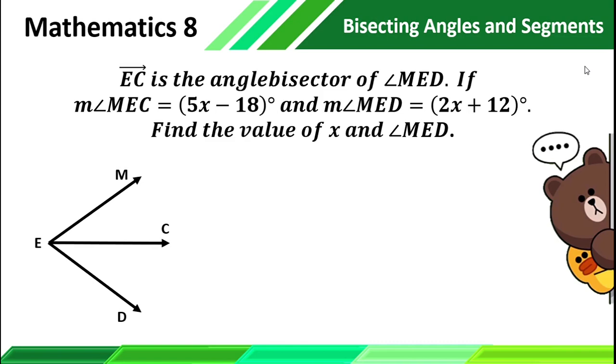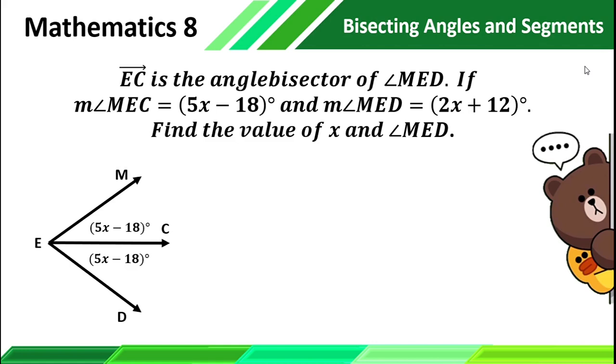I have here the bigger angle, which is angle MED, and we also have here angle MEC, wherein the angle bisector is ray EC. We know that the measurement of angle MEC is 5x minus 18, and we know that ray EC is also our angle bisector, so we can say that angle CED is also 5x minus 18 degrees.